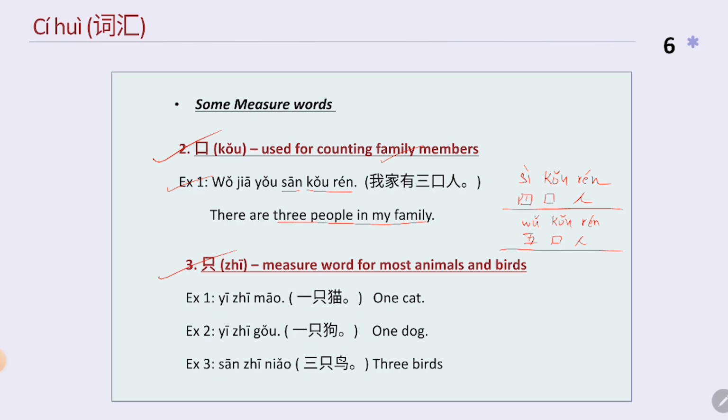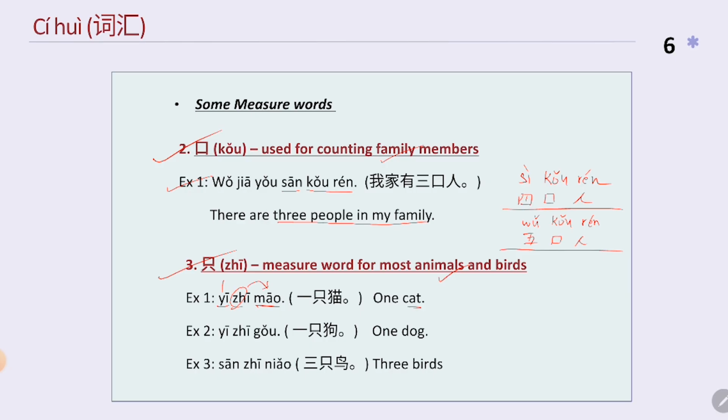Number 3, 只. It is a measure word for most animals and birds. Look at example number 1. 一只猫。猫 here means cat. 一 means 1, and 只 here is a measure word used for this animal, 猫.